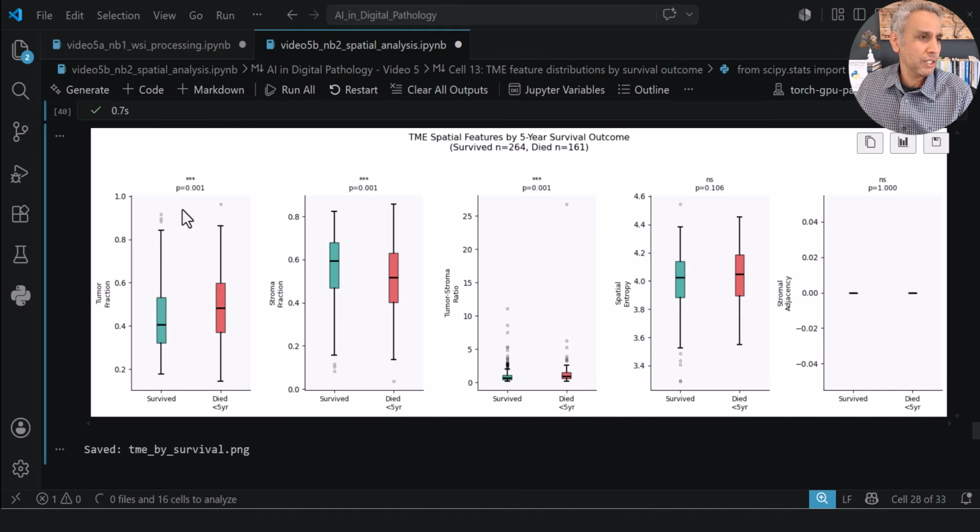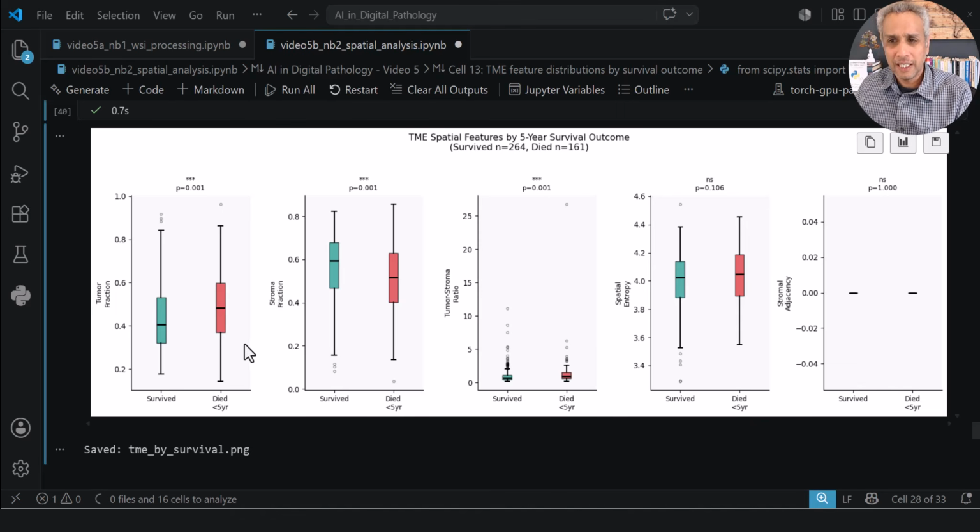The first one shows the tumor fraction, and this one is the stroma fraction. First of all, they all show a p-value of 0.001, three stars. That means they're all statistically significant. So patients who died within 5 years have higher tumor fraction and lower stroma fraction. This is exactly the published finding for colorectal cancer.